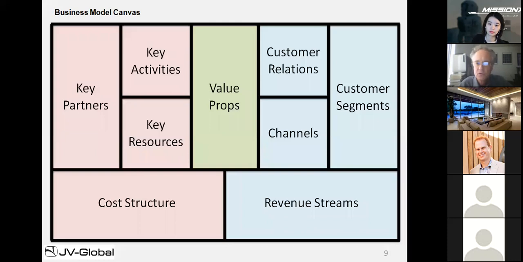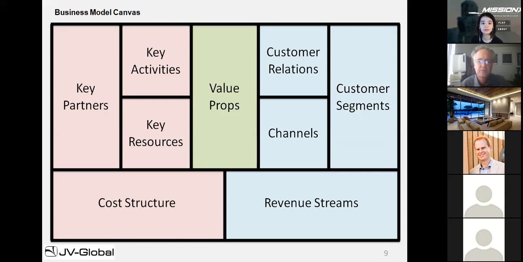There's a box for channels, meaning how do you reach your customers? Then you have your box for the customer segments that you've identified. And last but not least, at the bottom, there's the blue box labeled revenue streams, which indicates how your customers are paying you, and what it is that they're paying for. We'll get into the details here in a minute.